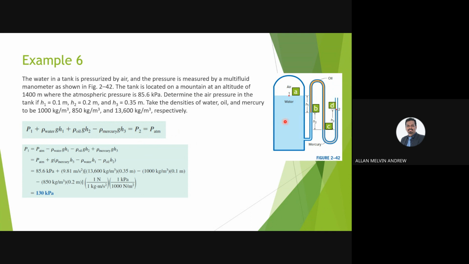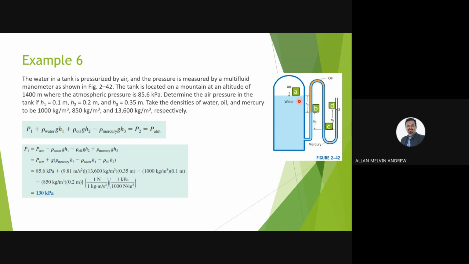Okay, so we know all this will be equal to pressure number 2, and pressure number 2 is actually the atmospheric pressure because it's sharing the same contact point. Okay, we calculate for P1 first. P1 is the one that we want to measure.